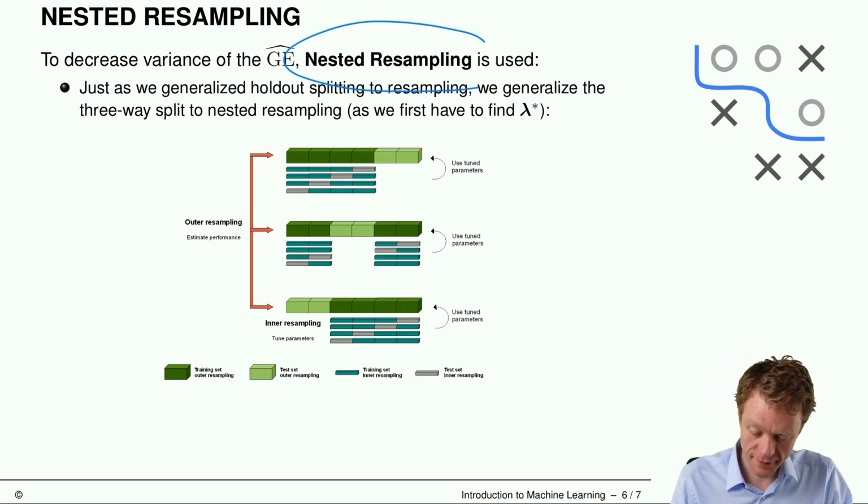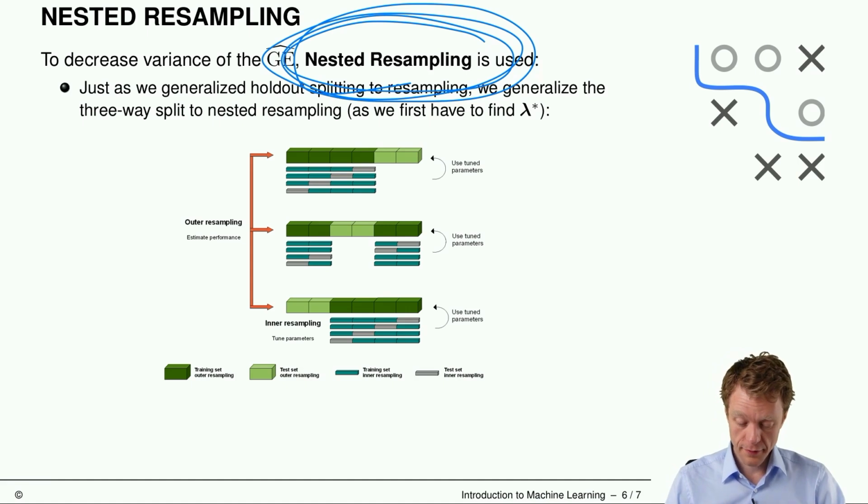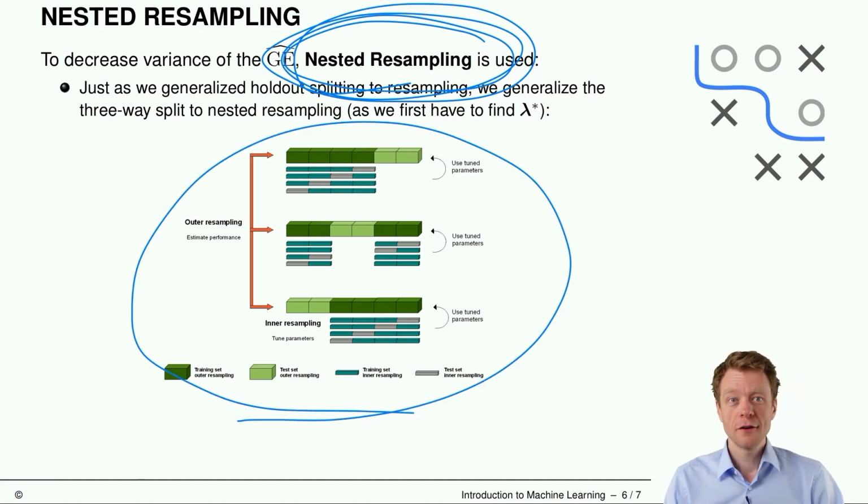So in the end we have nested resampling, and we can nest whichever resampling techniques we want to nest. So we can say train, val, test is already nested resampling, but we can also nest cross-validation, for example. And this is here a sketch of how nested cross-validation works, and I will not explain this now because we have a separate video for this, but just that you have already seen this once.